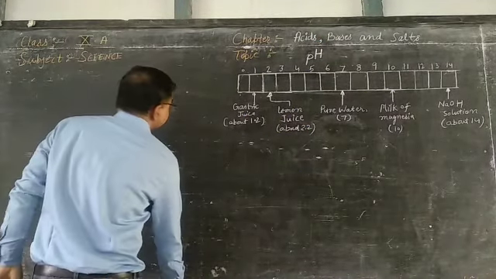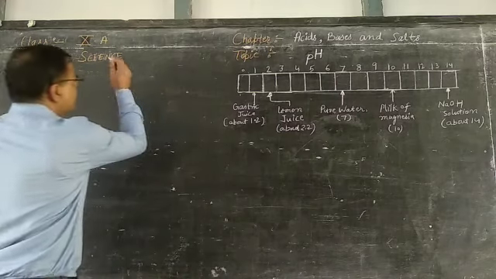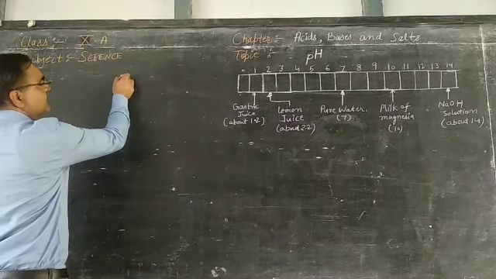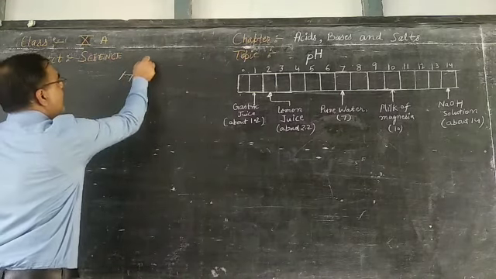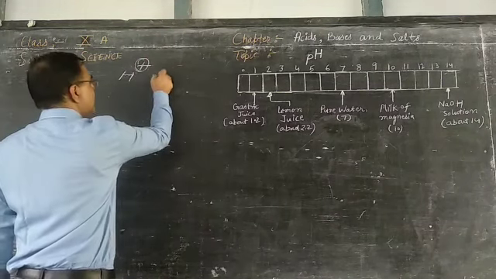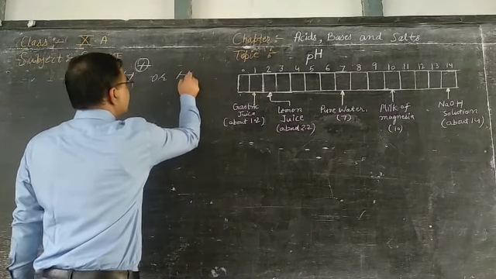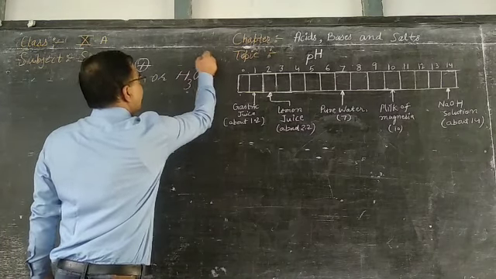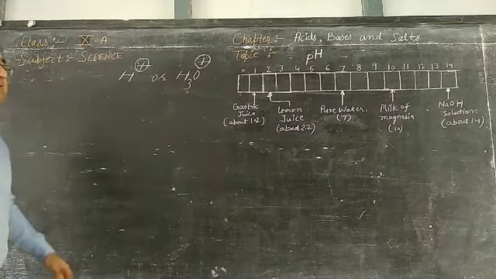In chemistry, there are two types of ions present in water. One of the ions is the hydronium ion, H+ ions, or we can write it like this also, hydronium ions or H+ ions.